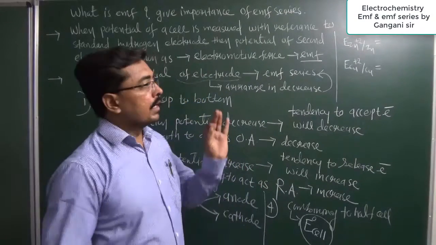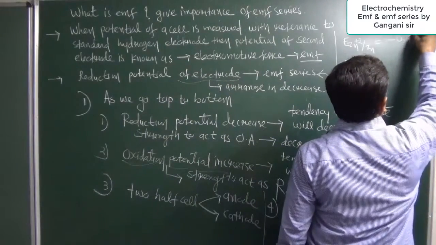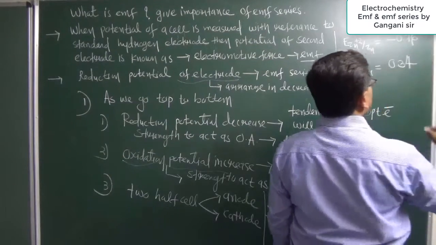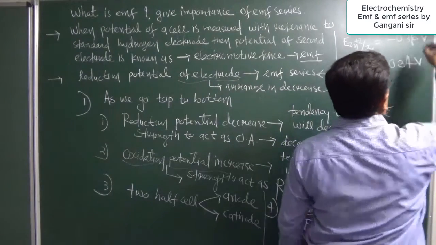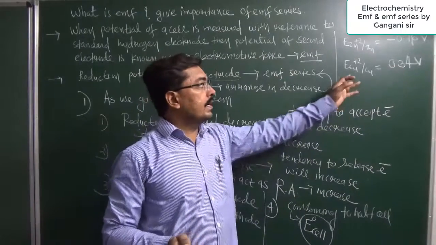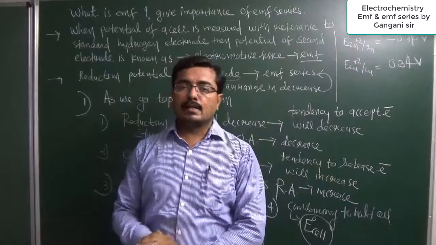The reduction potential of the zinc half cell is minus 0.76 volt and the reduction potential of the copper half cell is 0.34 volt. So when I combine both half cells, we know that the copper electrode will act as a cathode and the zinc electrode will act as an anode.